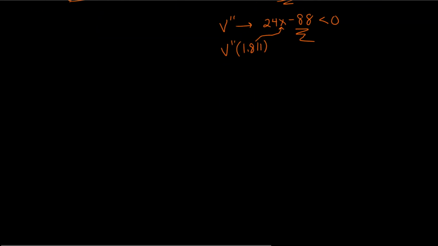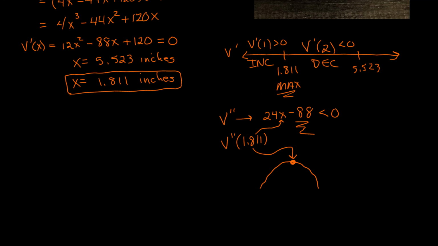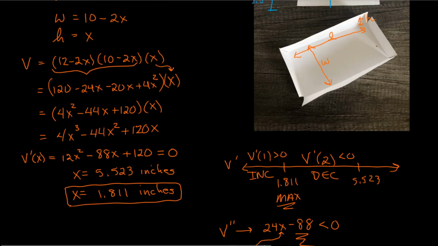If it's less than 0, that means concave down, which means that our point is going to be a maximum. So using either the first or the second derivative test, either way, I can verify that this is a maximum.